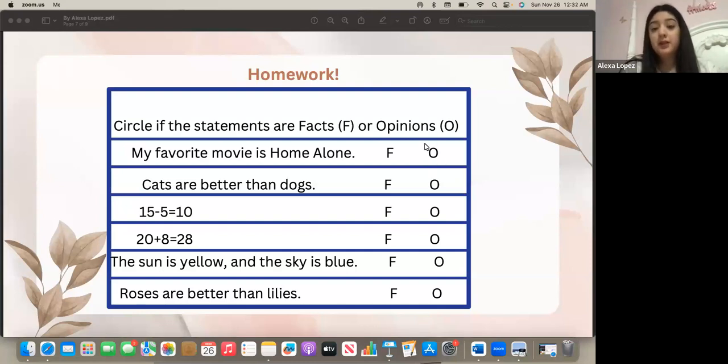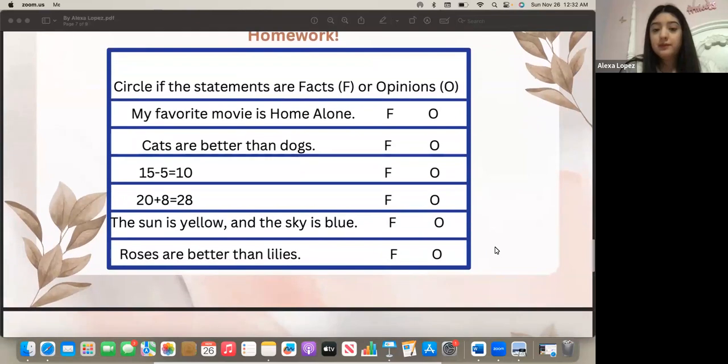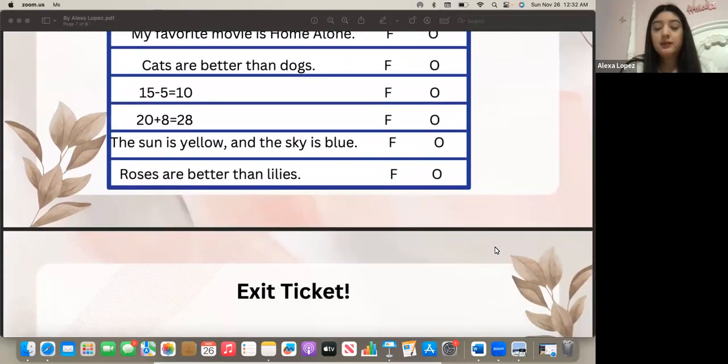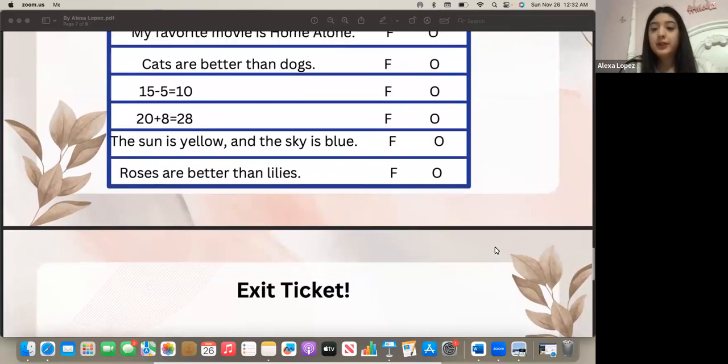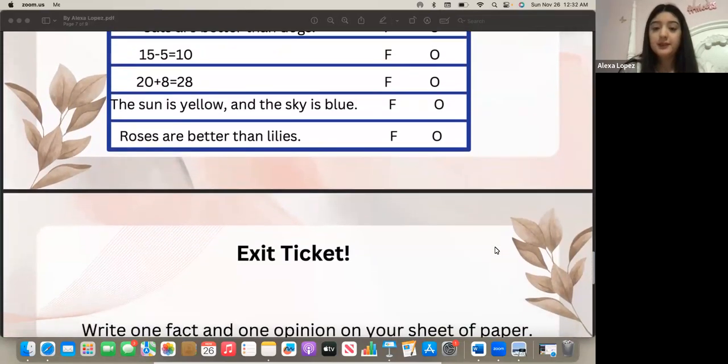So you would circle the O. So if the sentence is a fact, you would circle the F, right? So you're just going to be circling one of these on each sentence, okay? Pretty good. Everyone understands it?